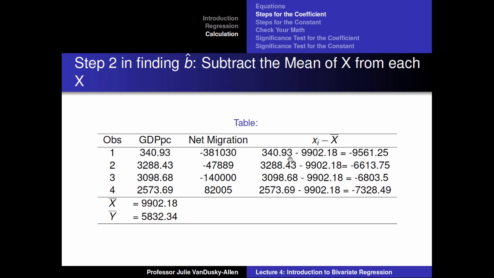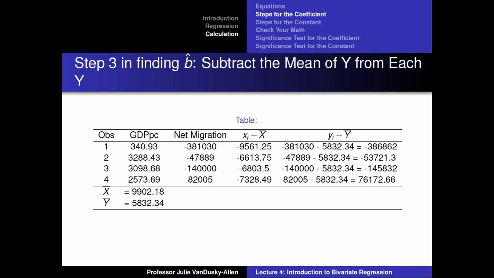So I calculate 340.93 minus 9902.18, and the answer is negative 9561.25. So here we have a value of 3288.43 for GDP per capita for observation 2. So I calculate 3288.43 minus 9902.18, and the answer is negative 6613.75. You would continue doing this for each observation.